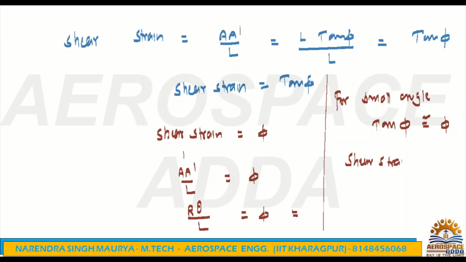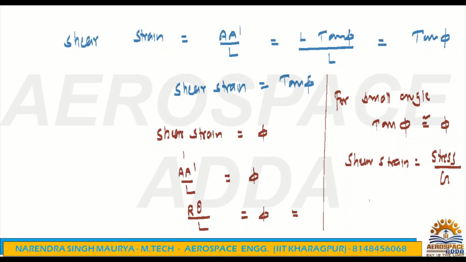Basically, stress is directly proportional to strain, and once you remove the proportionality, you will get the modulus of rigidity. So stress is equal to strain into modulus of rigidity. Then strain is nothing but stress by modulus of rigidity. Already I have given the formula for the shear stress: shear stress is strain into modulus of rigidity, that you know very well.